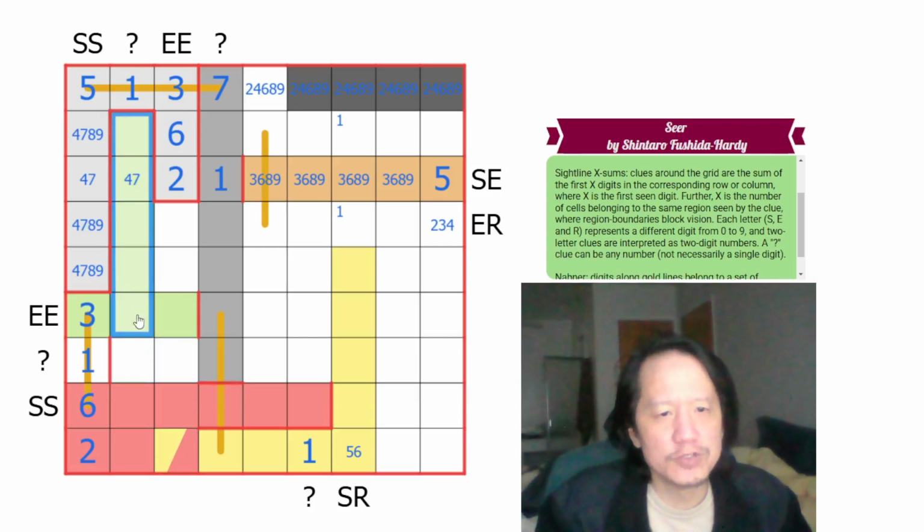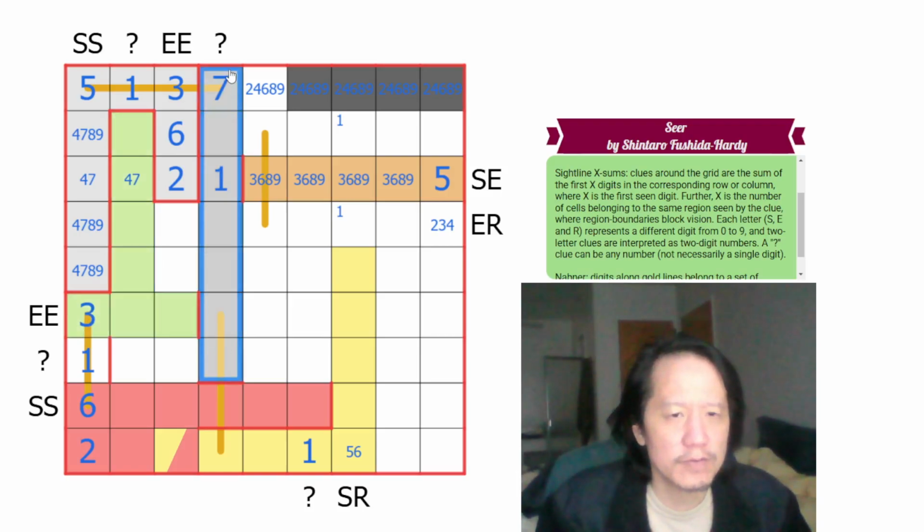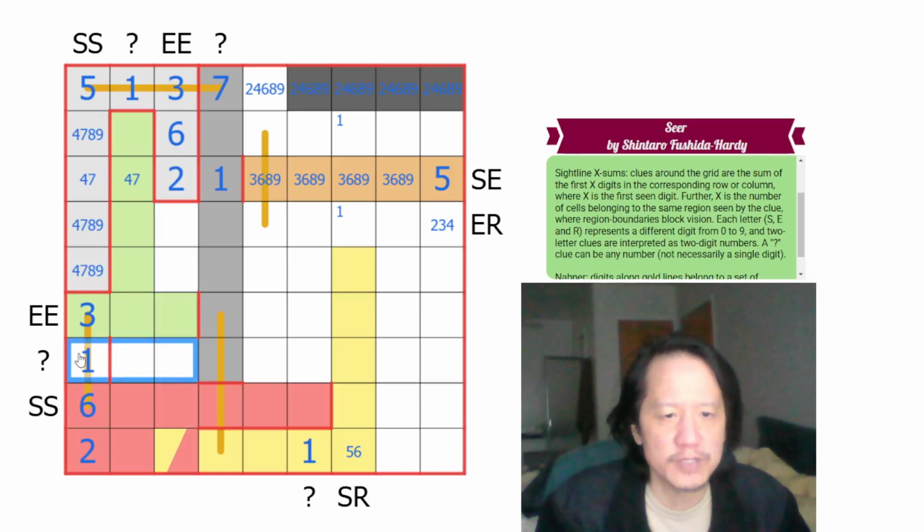How many extra digit cells do we have? So this is 7. This is 7. This is 8 already. So 7, 7, 8, which means we have 2, 2, and 1. 5 digits remaining. And these are specifically 5 digits, and they cannot be part of a separate region.